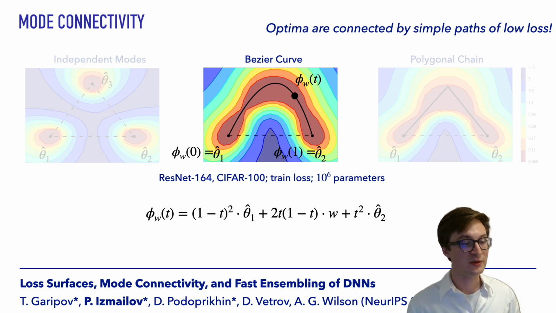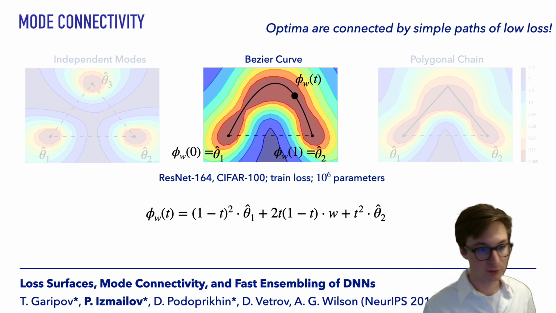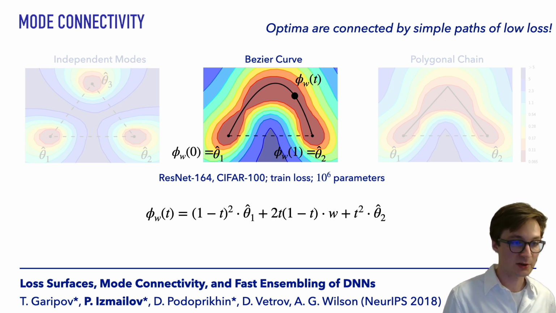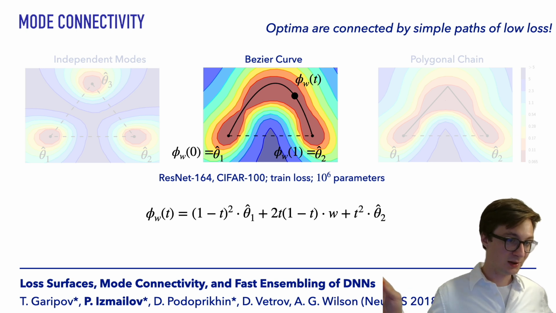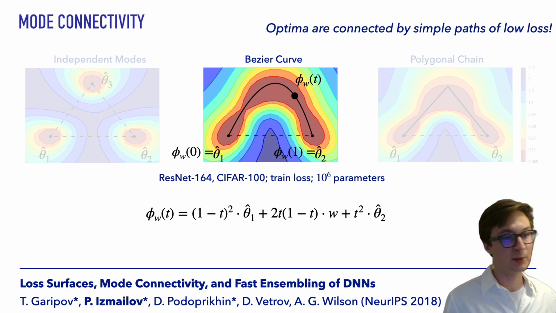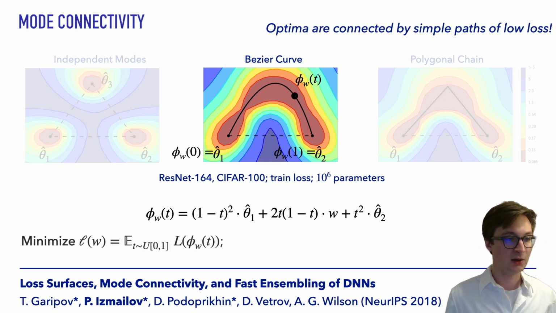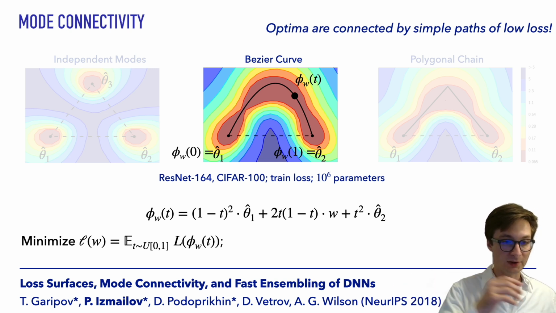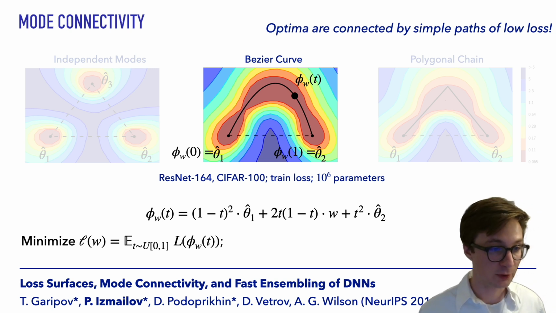Specifically, we directly parameterize a path from one of them to the other. So in this case, we're showing a quadratic Bezier curve that has some parameters, W. The number of parameters of the curve is the same as the number of parameters within the model itself. And then we can tune those parameters to rotate the curve or find the correct shape for the curve.